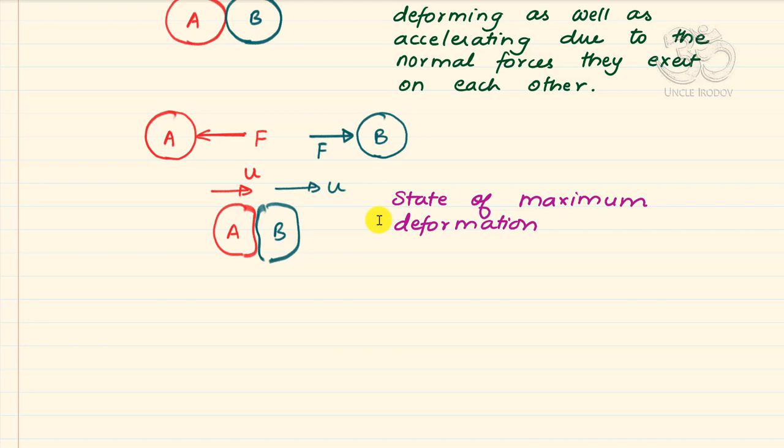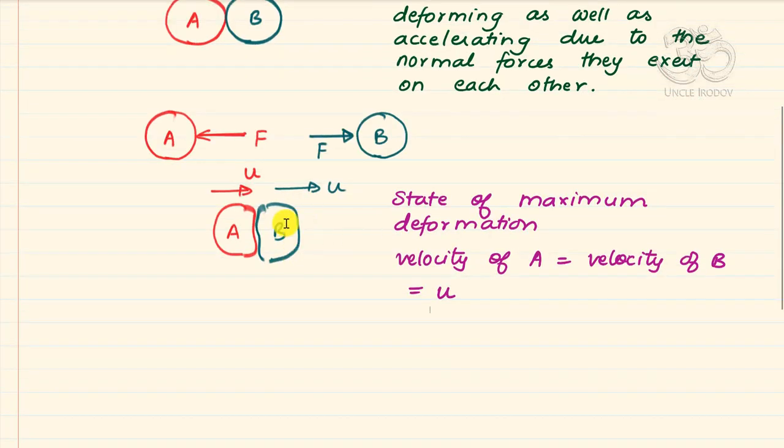And at this state, the velocity of A, let me not call it VA, let me just write velocity of A, is equal to the velocity of B, which is all equal to U. So this is what is going to happen in this intermediary state, and in fact you will see that because these two objects are traveling with the same velocity, if you take these two as a system, then this will also be the velocity of center of mass of A and B. So this is what happens.